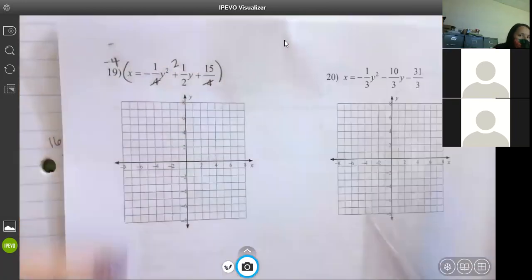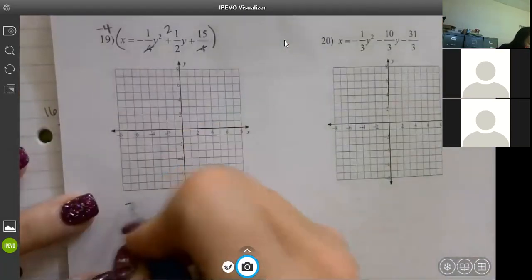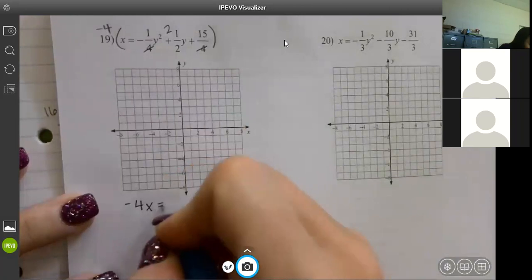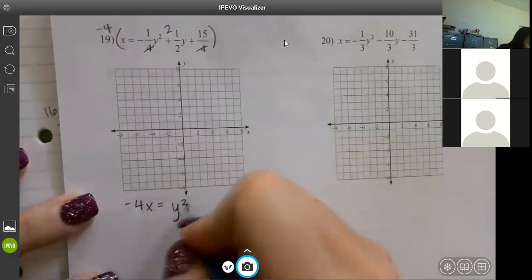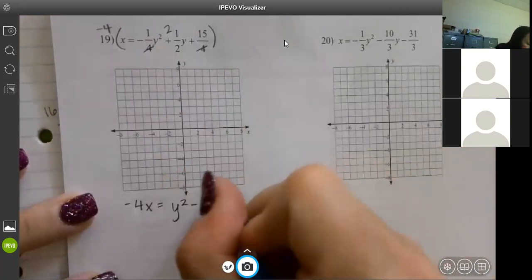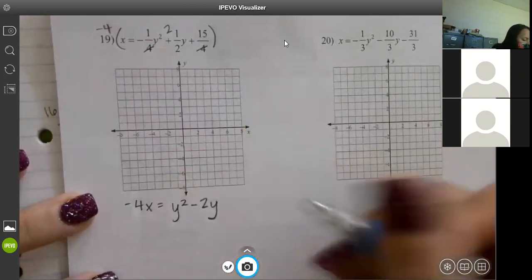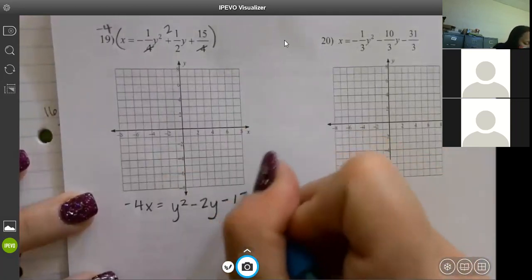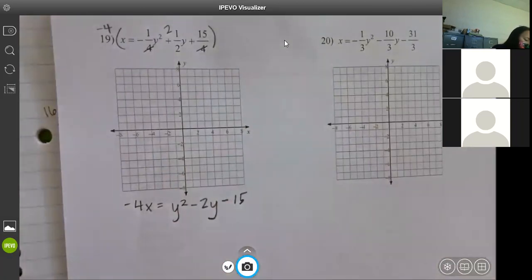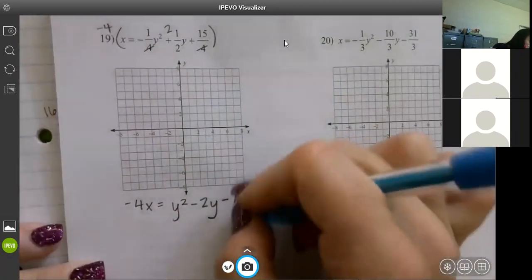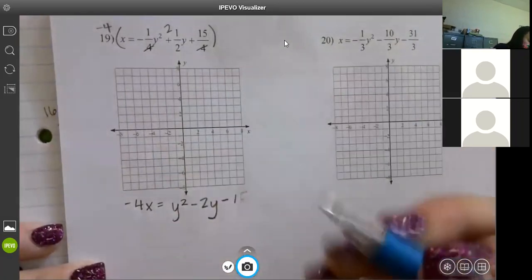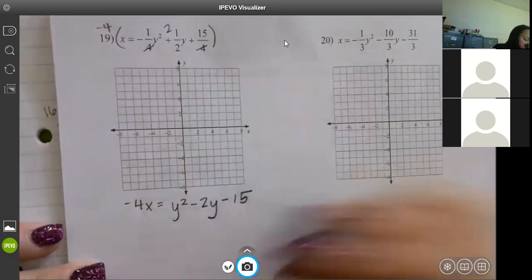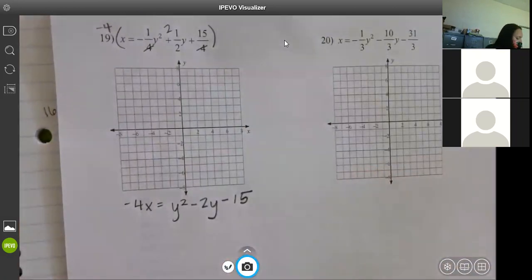So -4x, write it down here, equals y squared. We're going to change it to a -2y and a -15. Struggling today, sorry, y'all.